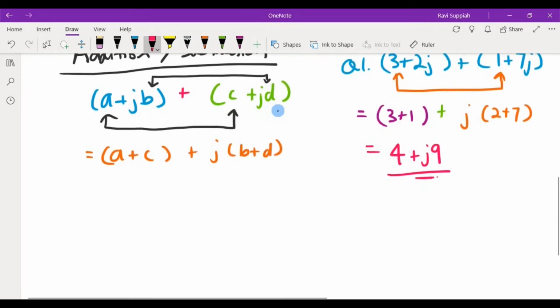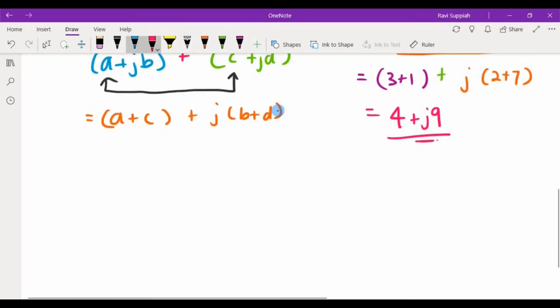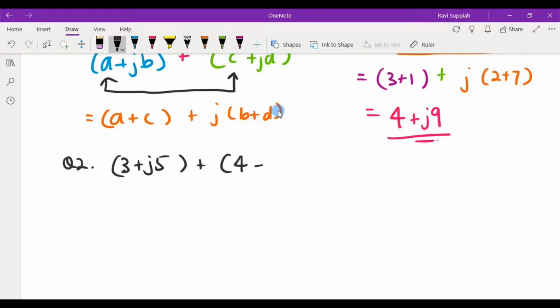Let's try another example. 3 plus j5, add with 4 minus 3j. So again, the real parts will be done separately and the imaginary parts will be done separately.